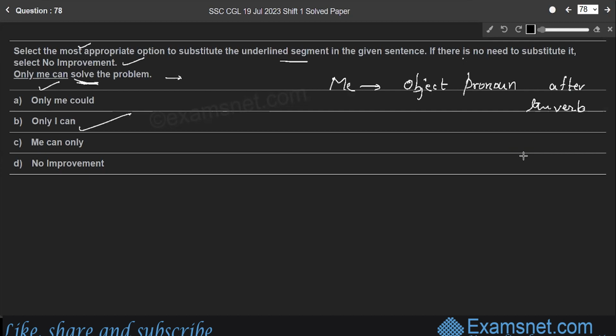Whereas I is a subject pronoun, which comes before the verb. Therefore, "Only I can solve the problems" would be correct. So option B is the right answer, right? In place of only me can, we have to substitute only I can.